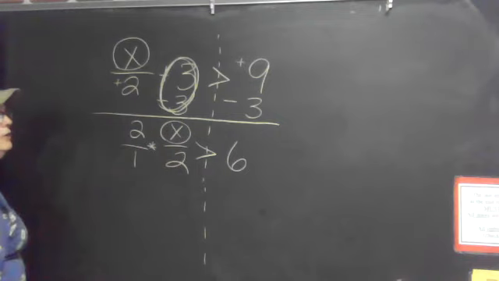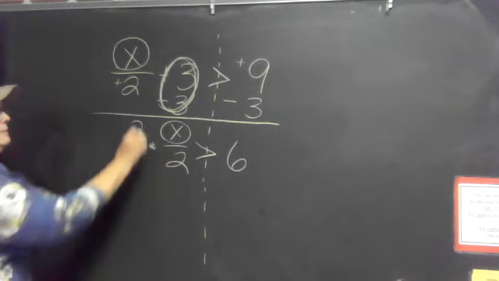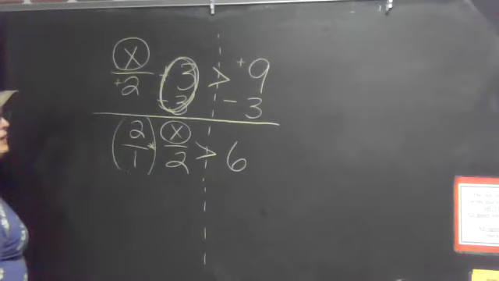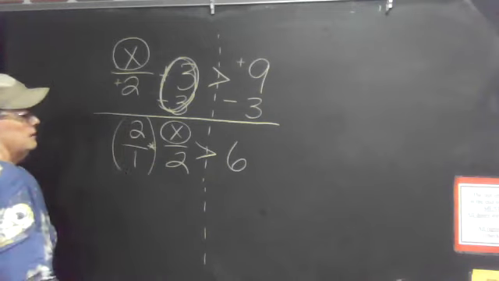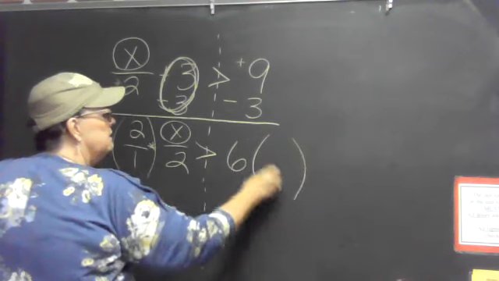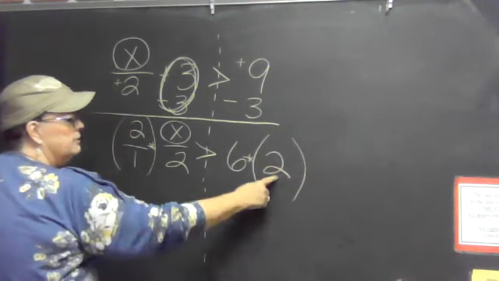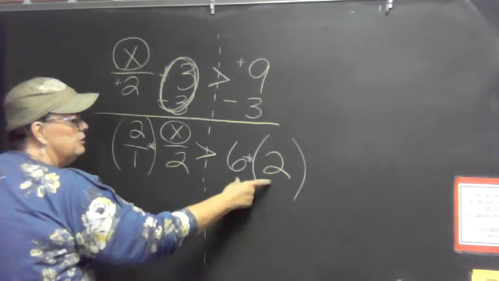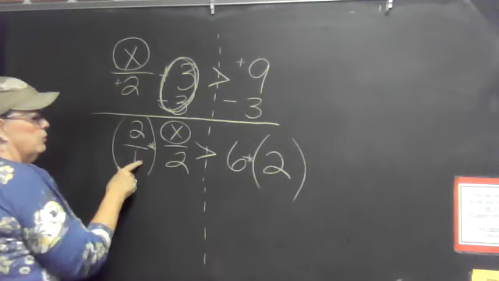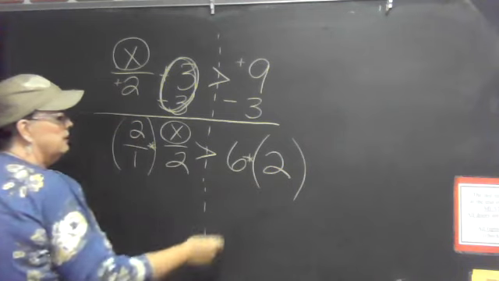You can make any whole number a fraction by putting it over 1. If I multiply on this side by 2, I have to balance again, and I'm going to take this side times 2. The reason I don't put this over 1 is because I'm not dealing with a fraction. 2 over 1 and 2 are the same thing.